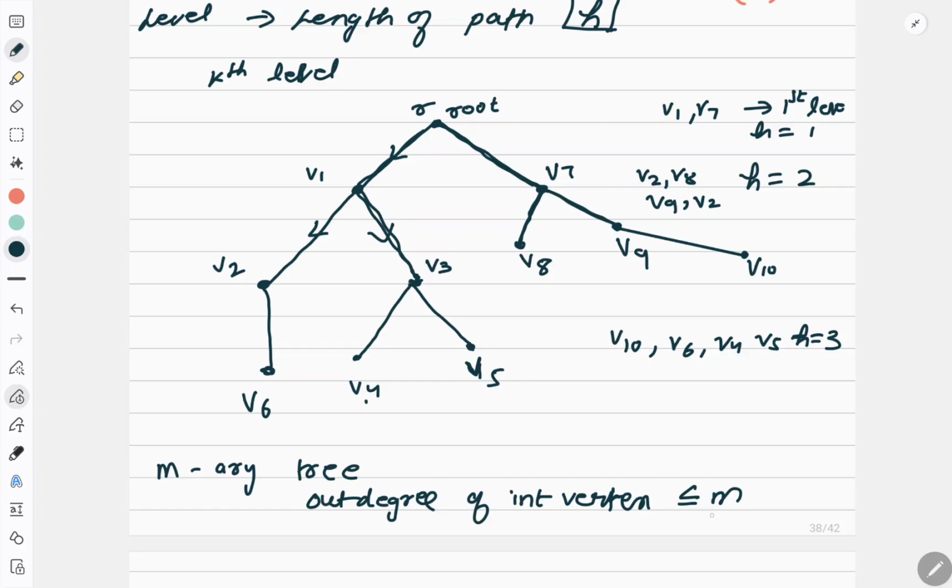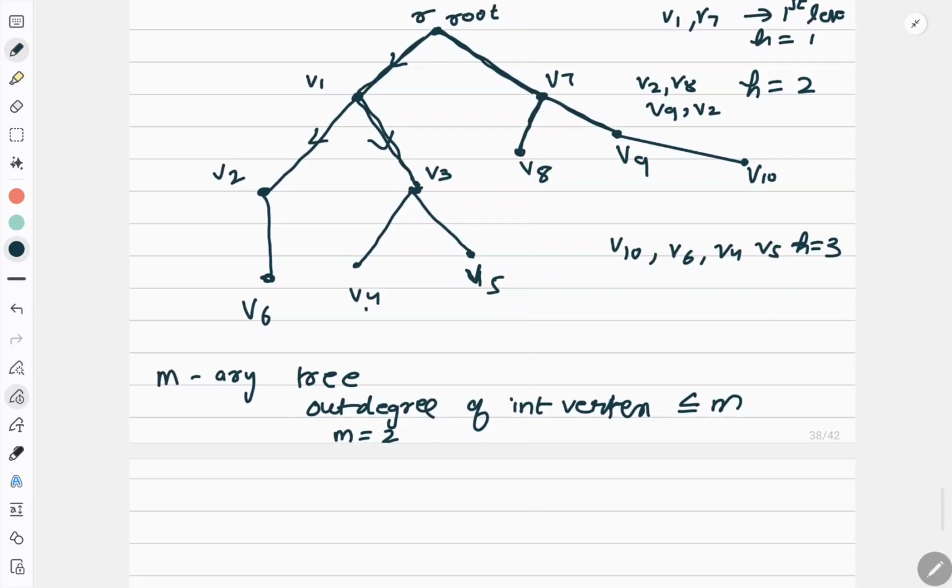And if this m value is 2, then it is called a binary tree. Correct? Now one more thing I can put here. If the out degree is exactly m, then it is called a complete M-ary tree.